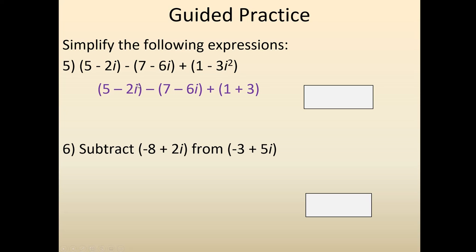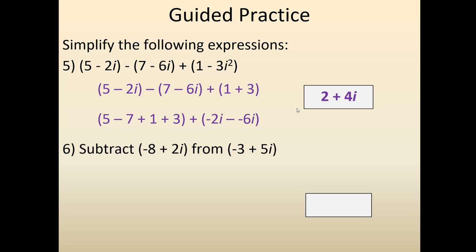Then I take all the real numbers, the 5, the 7, the 1, and the 3, and combine them together. So it's going to be 5 minus 7 plus 1 plus 3. And then here it's going to be all the imaginary numbers, minus 2i minus negative 6i. When I put this in the calculator or add the coefficients, we get 2 plus 4i.